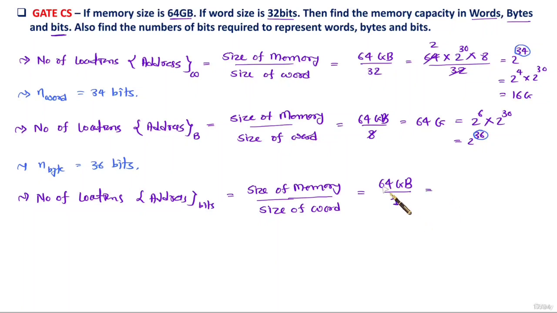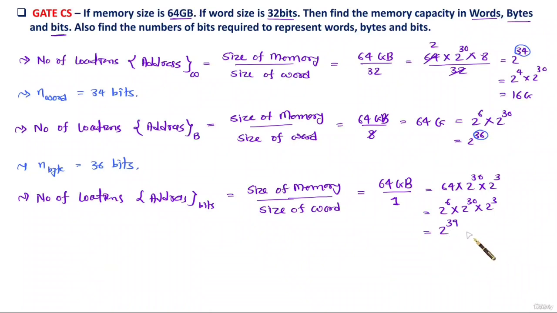So here you have 64 into G means 2 to the power 30 into B means byte, it means 2 to the power 3. So 64 means 2 to the power 6 into 2 to the power 30 into 2 to the power 3, means in total 2 to the power 39. So you will have 2 to the power 39 locations.